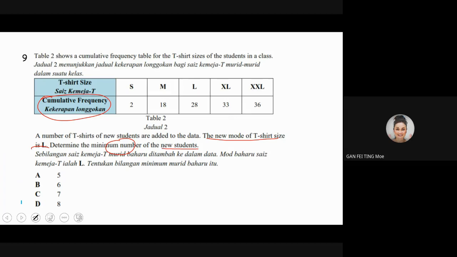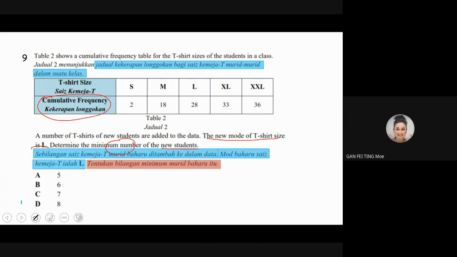Because of cumulative frequency, I cannot determine the mode. In order for you to determine mode, we don't refer to cumulative frequency. It must be frequency. So I need to make a column of frequency. S is 2. M will be 16. L will be 28 take away 18, which is 10.